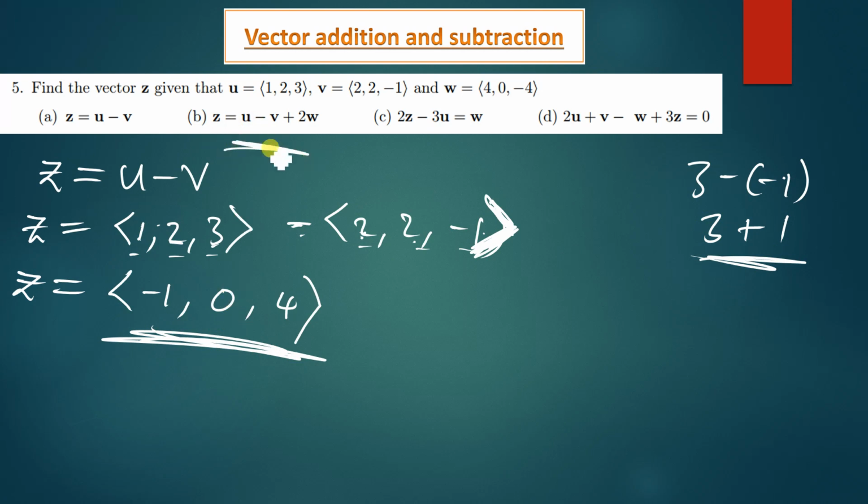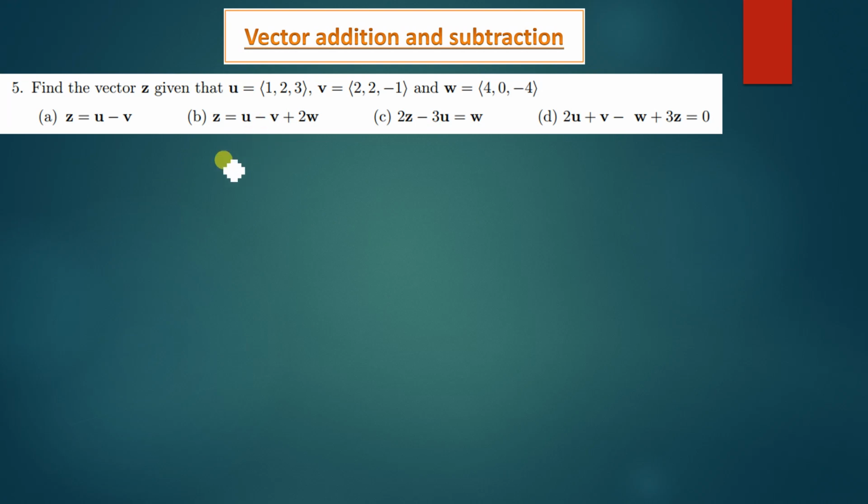Let's move on to part B. Part B is also asking us to find z, which can be found by working out u minus v plus 2w.